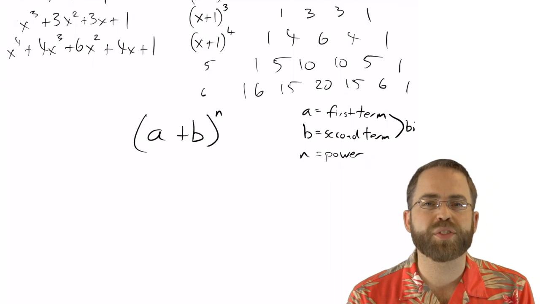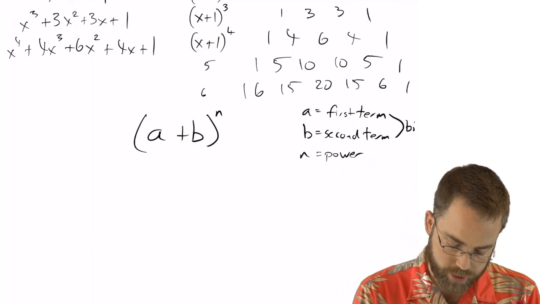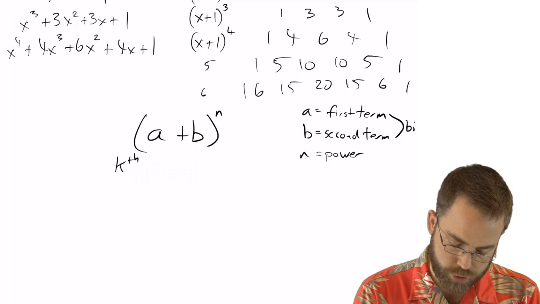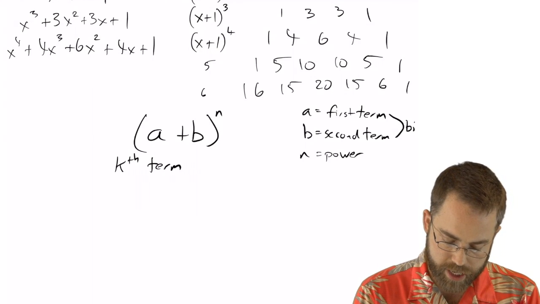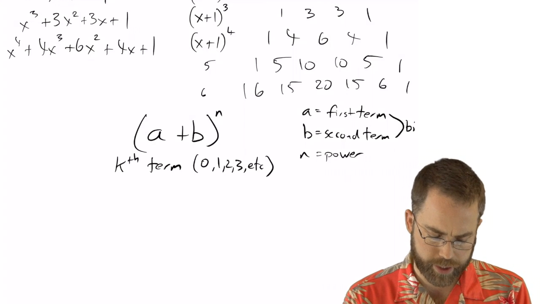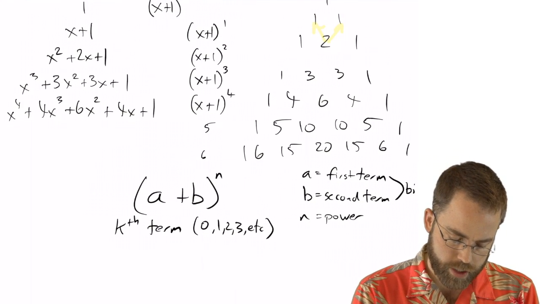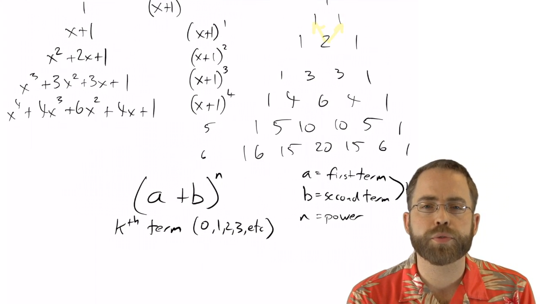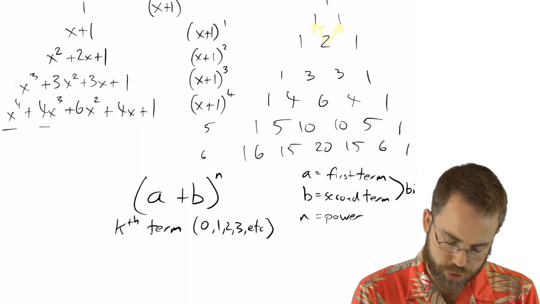And then we're going to find, now this is going to get weird, the kth term, and k starts off at 0. What do I mean by that? If you look back up here, this x to the fourth made 5 terms.